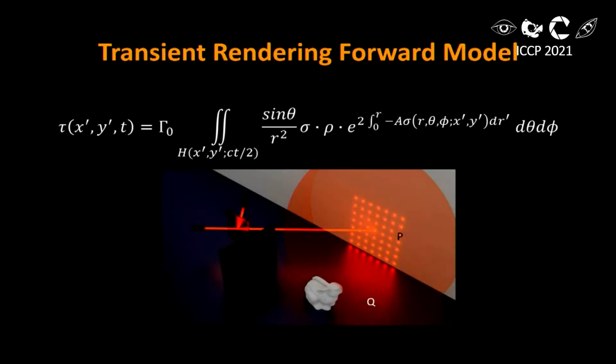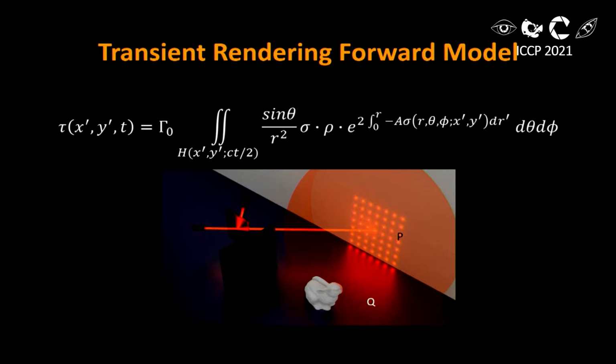What the SPAD detects at each moment is the integral of the contributions of all particles on the hemisphere corresponding to the detection point. By solving the first-order differential equation, we can derive the complete transient rendering model.